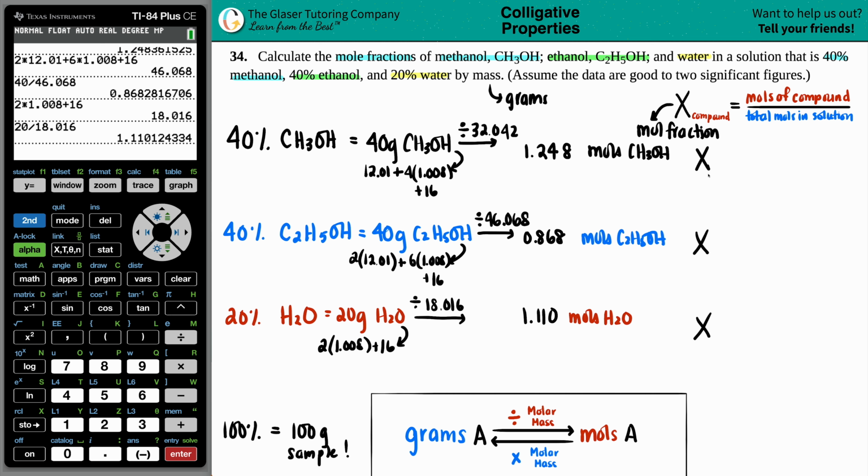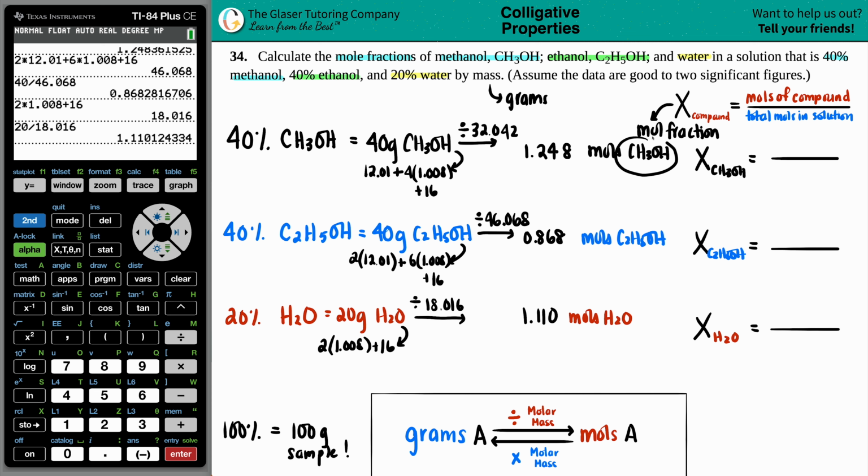So we have the mole fraction, capital X, for CH3OH. And then we have the mole fraction for C2H5OH, the ethanol. And then we have the mole fraction for H2O. And each one of these is going to be some fraction, obviously.